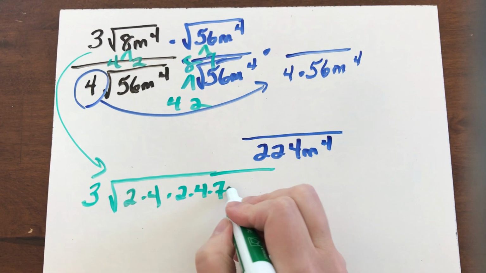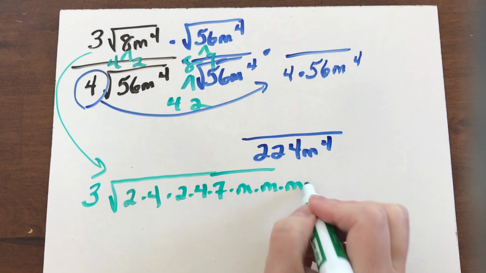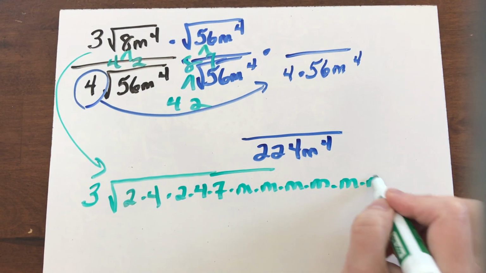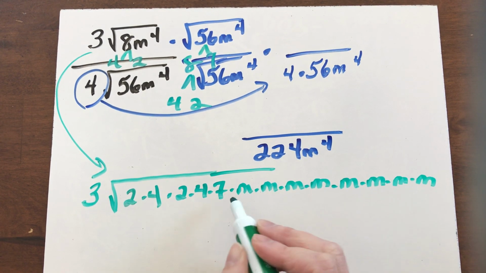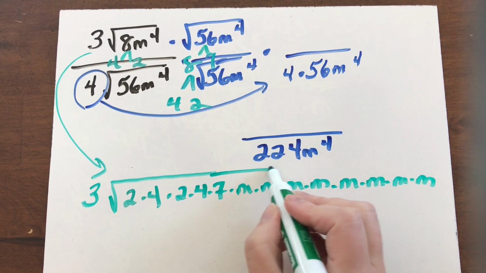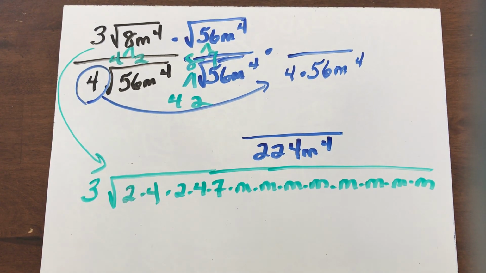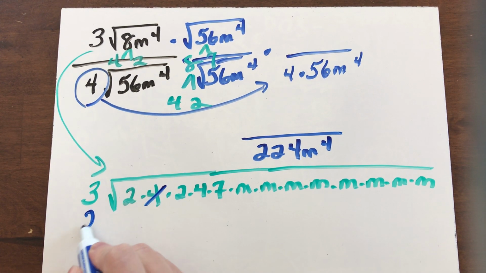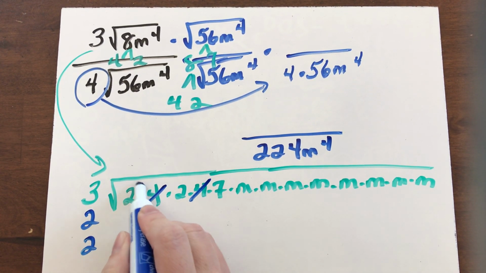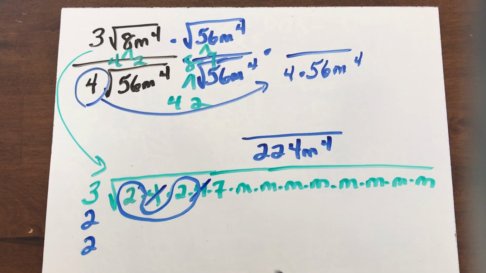M to the fourth, that means I have a total. Again, I'm just doing it the long way so you understand what I'm doing. So that's 1, 2, 3, 4, 5, 6, 7, 8. Okay, and again, we have the 3 out front. Now, pull out any perfect squares that you have. Well, that's a 2, that's a 2. You have a pair of 2's, which makes 4. Square root of 4 is 2.